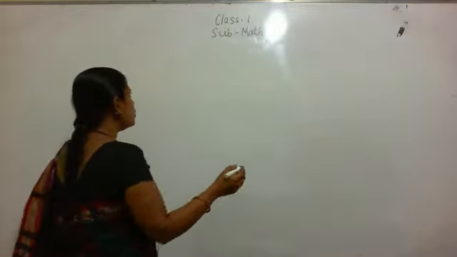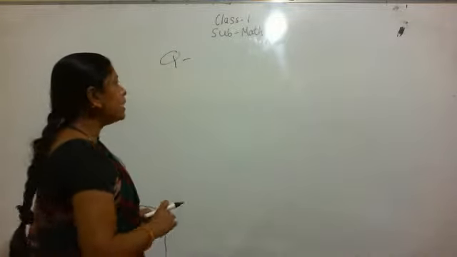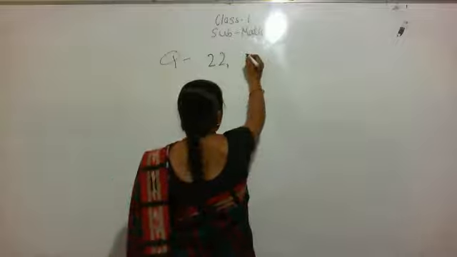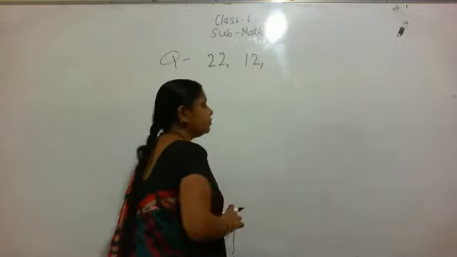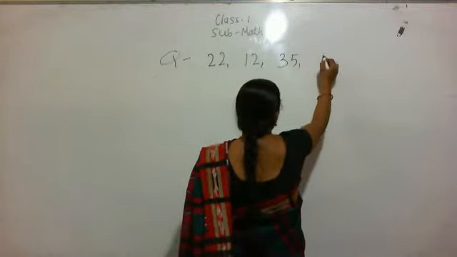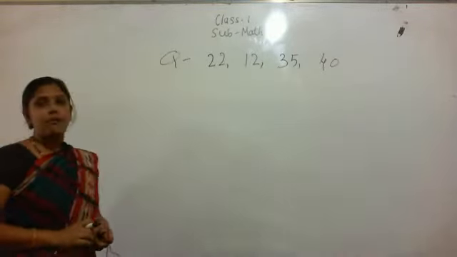Suppose I am writing one question here, some numbers: 22, 12, 35 and 40. These are the four numbers that I have written.